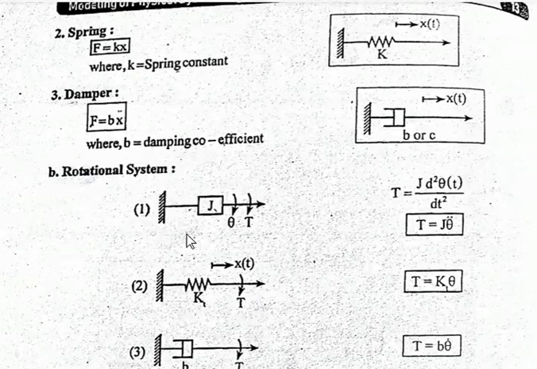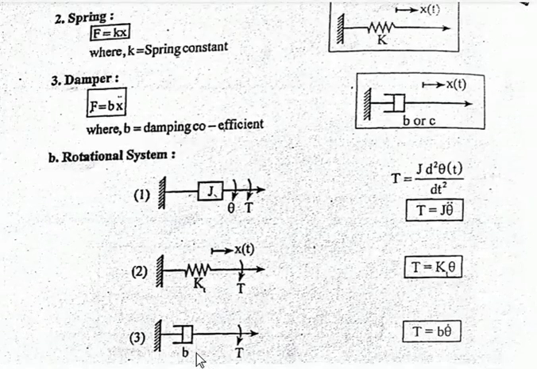In the rotational system we take the same mass, spring and damper, but the motion of the system is rotational, not translation. That's why we have different terms here.